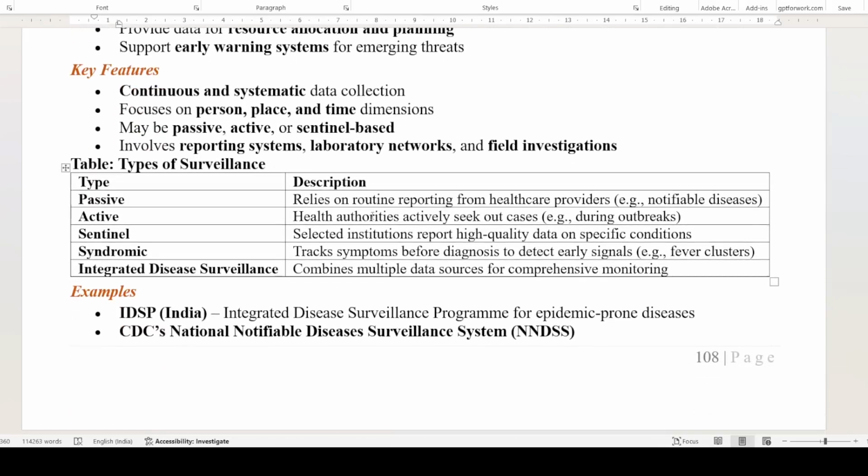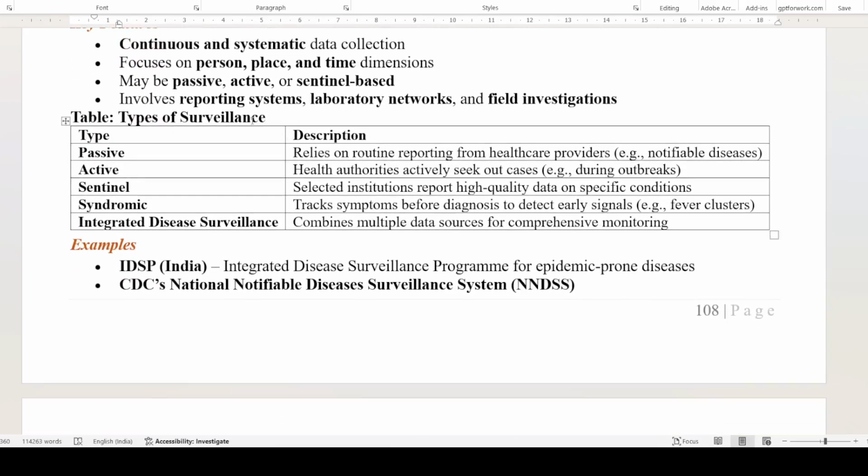So quickly we'll come to the types of surveillance systems. We have passive, active, sentinel, syndromic, and IDSP, the Integrated Disease Surveillance System, also. Passive relies on routine reporting from healthcare providers. In active surveillance, health authorities actively seek out cases during outbreaks. In sentinel surveillance, selected institutions report high-quality data on specific conditions.